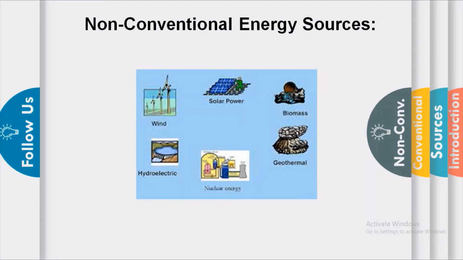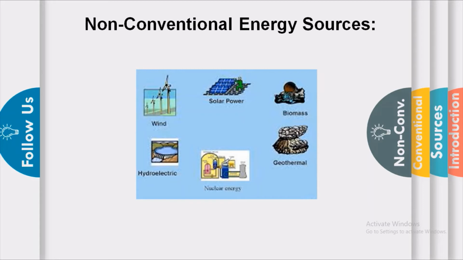Here I have shown some examples of these non-conventional sources of energy. Solar energy: using sun rays we generate heat and electricity. Also hydroelectric power plants, in which we convert water at height into electricity. Then biomass, where we use cow dung and other agricultural waste as fuel.